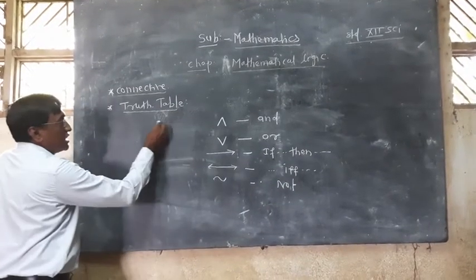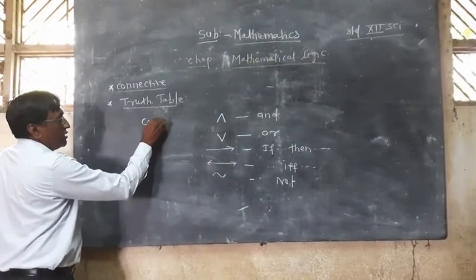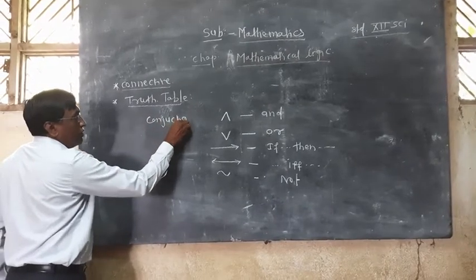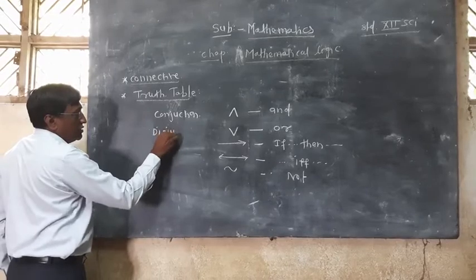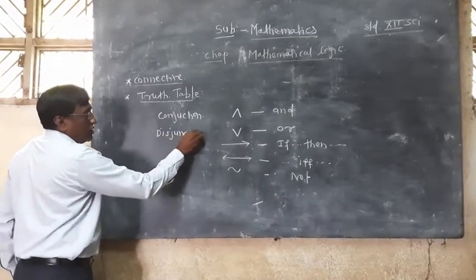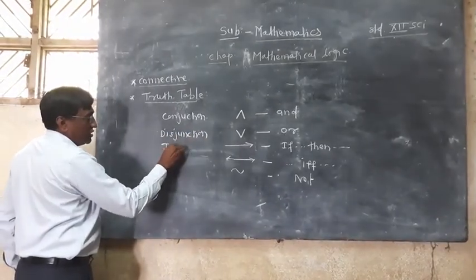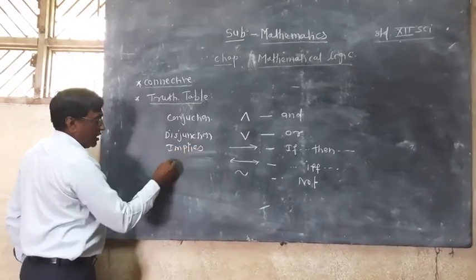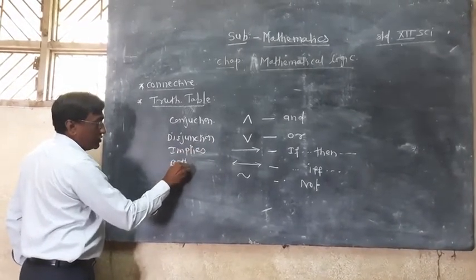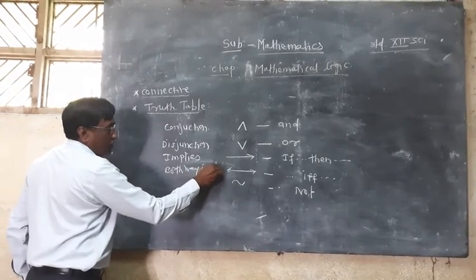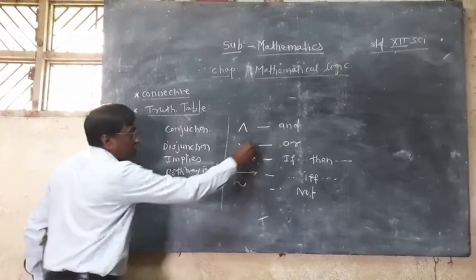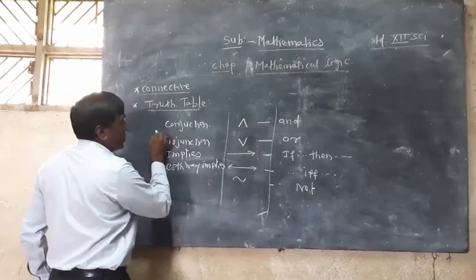These are called the conjunction, this is disjunction, implies, and here both way implies. Like this, if you form the table, you can write it.